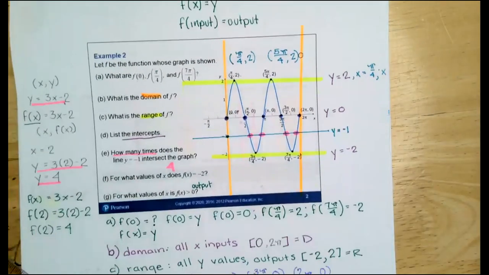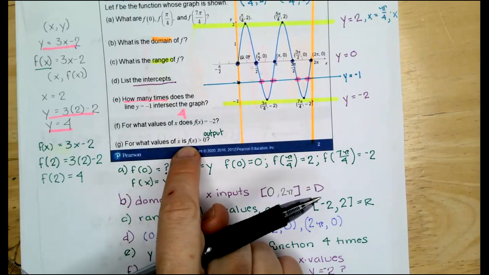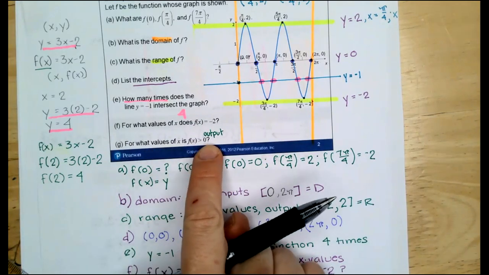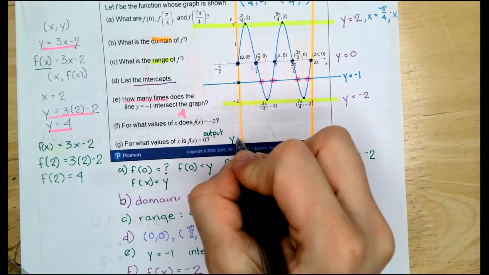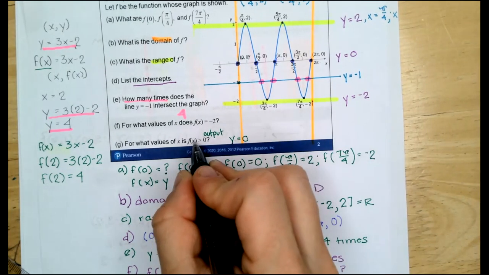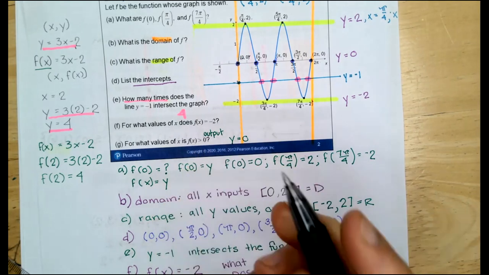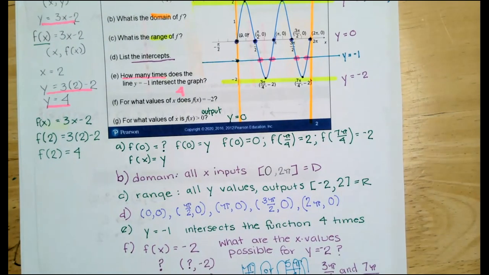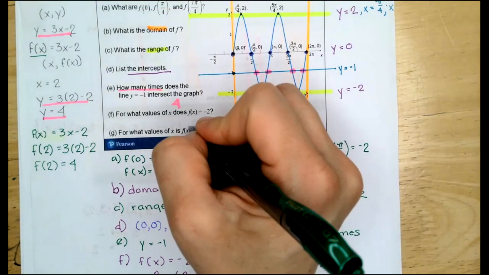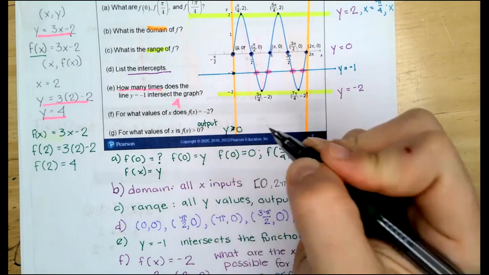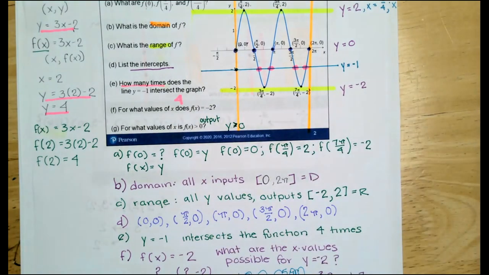Another way to visualize it: for what values of x is f of x greater than an output of 0, or a y of 0? What points have outputs greater than 0? Outputs are y values. So we're saying y is 0, but we're really saying y is greater than 0. Where is y greater than 0?